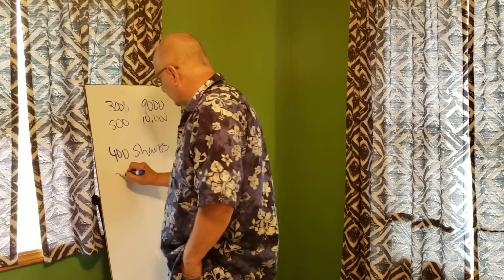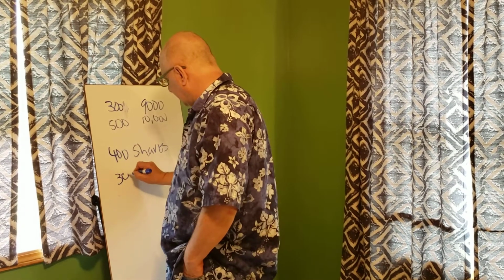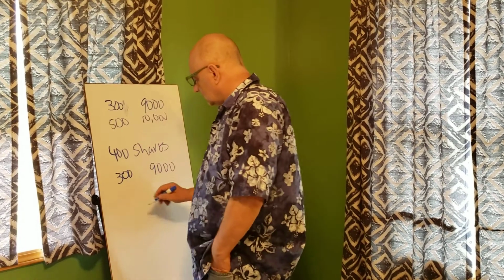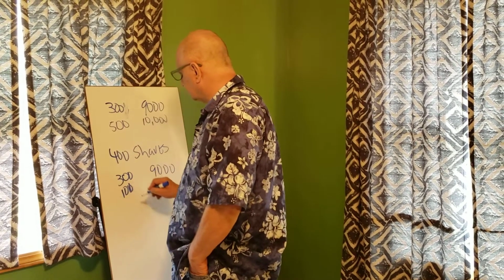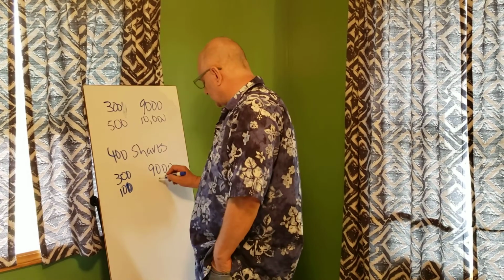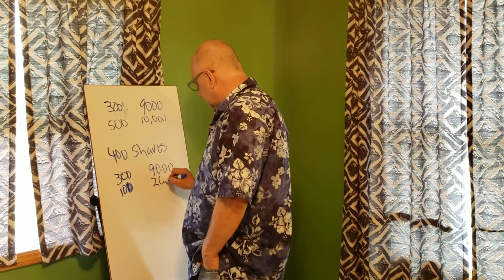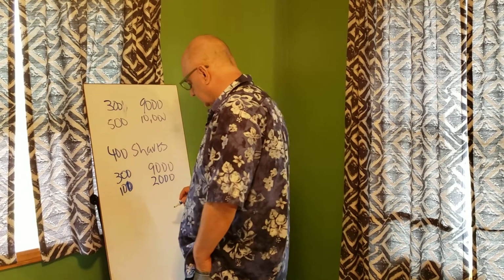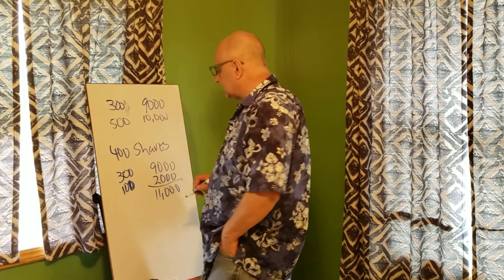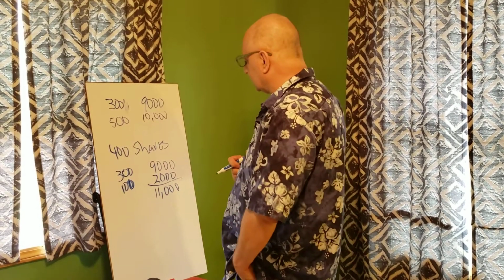So that makes this problem pretty easy. We have 300 shares that we bought for $9,000, and 100 shares that we bought for $2,000. That gives me a basis of $11,000 in these shares.